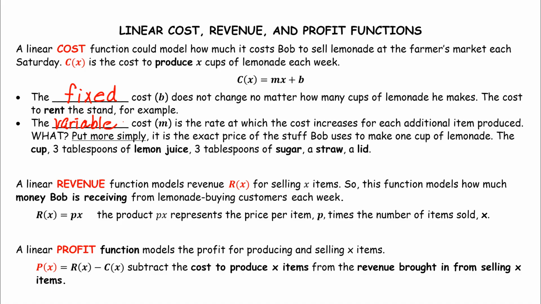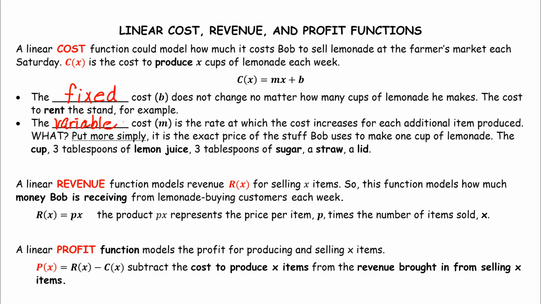A linear profit function models the profit for producing and selling x items. So P of x is equal to R of x minus C of x. Subtract the cost to produce x items from the revenue brought in from selling x items. So what that is saying is that he has to pay for his gas, his rent.